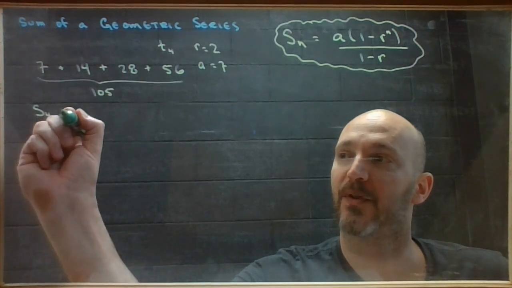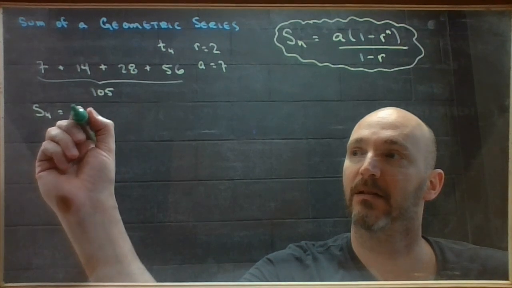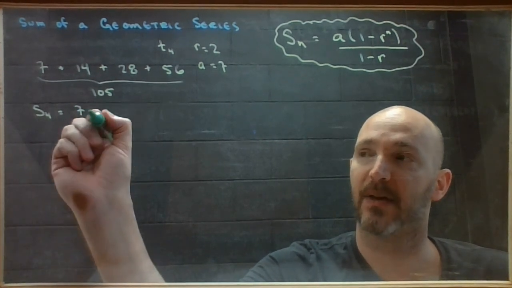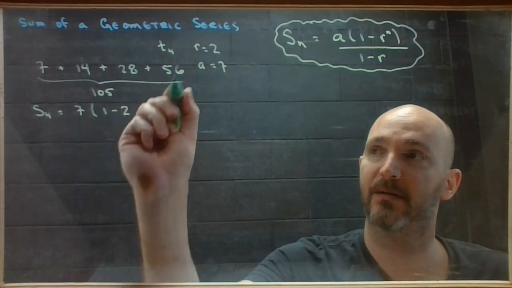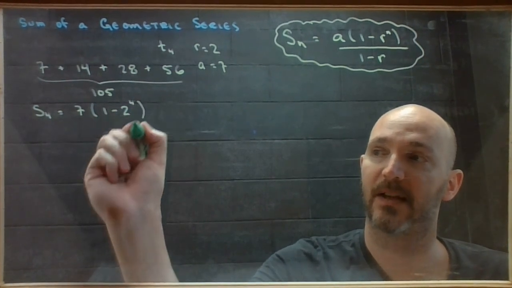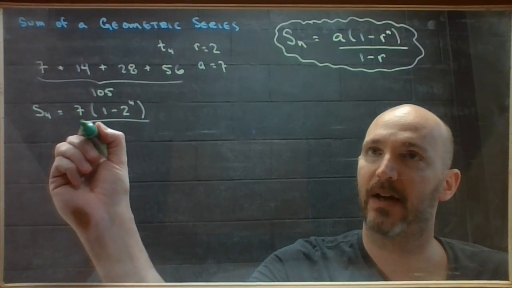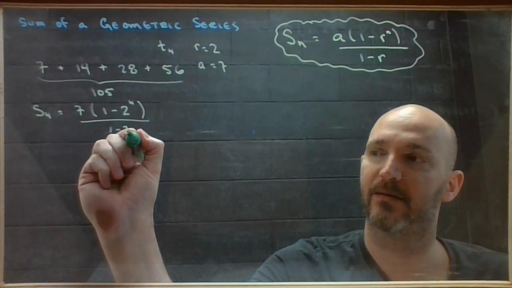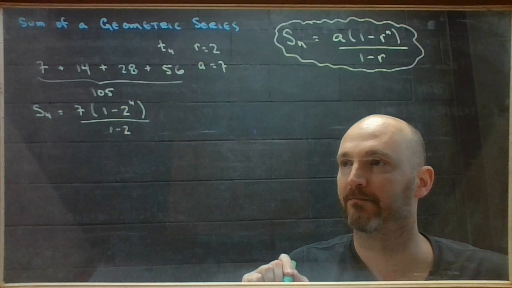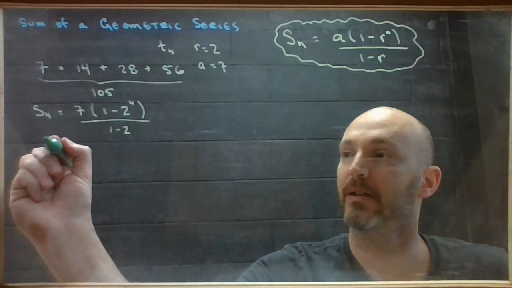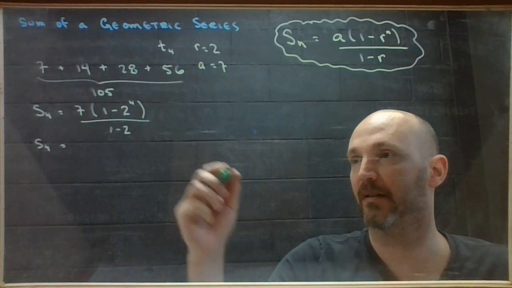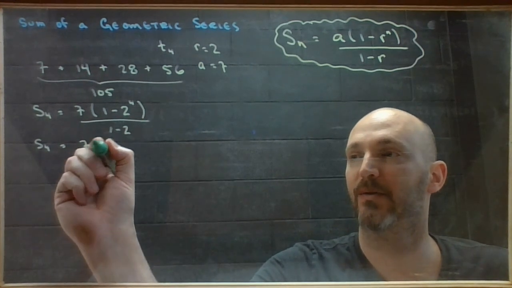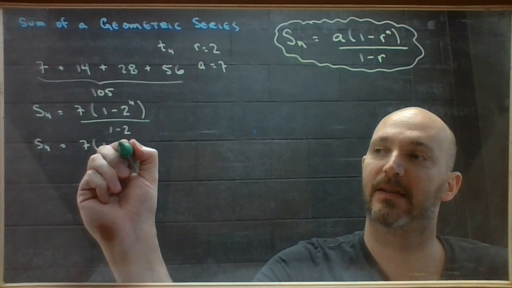The sum of the first 4 terms should be 7, because that's my a value, times 1 minus 2, because that's my r value, to the 4, because that's my n, divided by 1 minus 2. Okay, so some arithmetic to do here. 2 to the exponent 4 is 16.